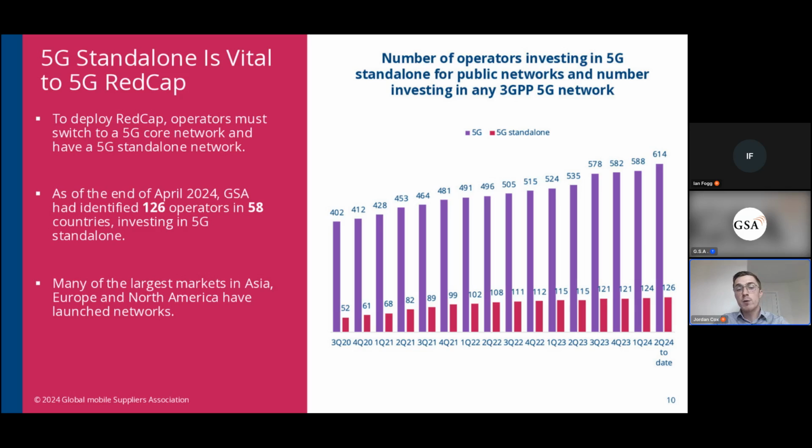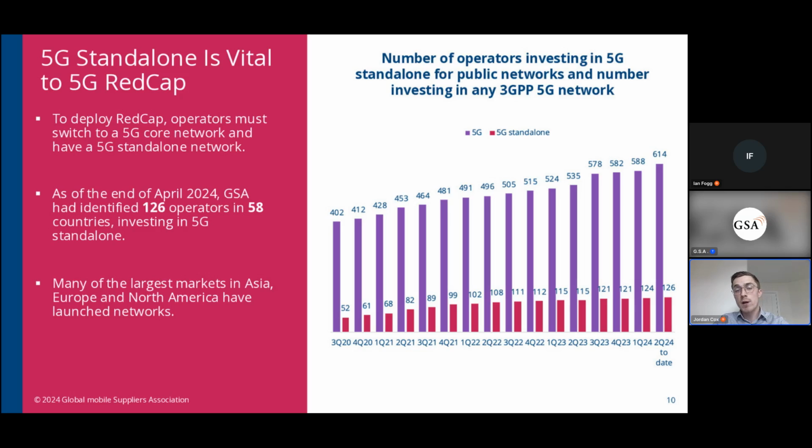As of the end of April 2024, the GSA had identified 126 operators in 58 countries investing in 5G Standalone. Of these, 55 operators in 31 countries have launched, a clear sign that 5G Standalone is now very much widespread, positioning RedCap in a promising state as we move into the medium to long term.